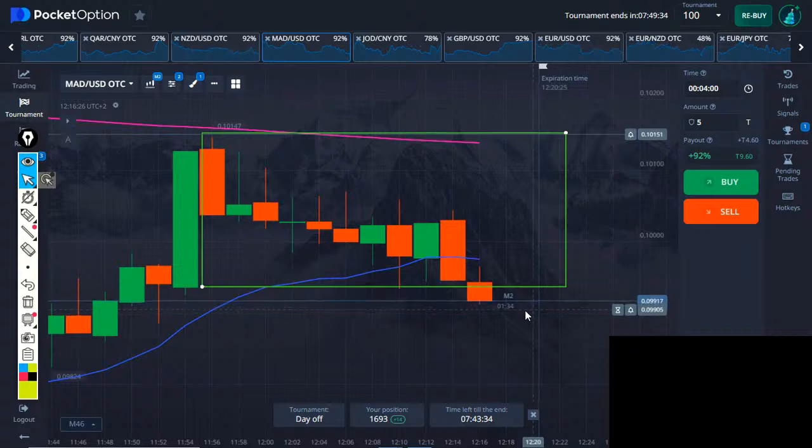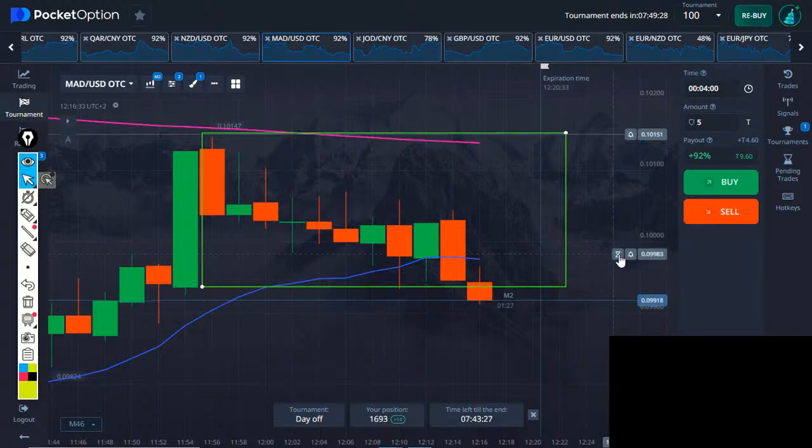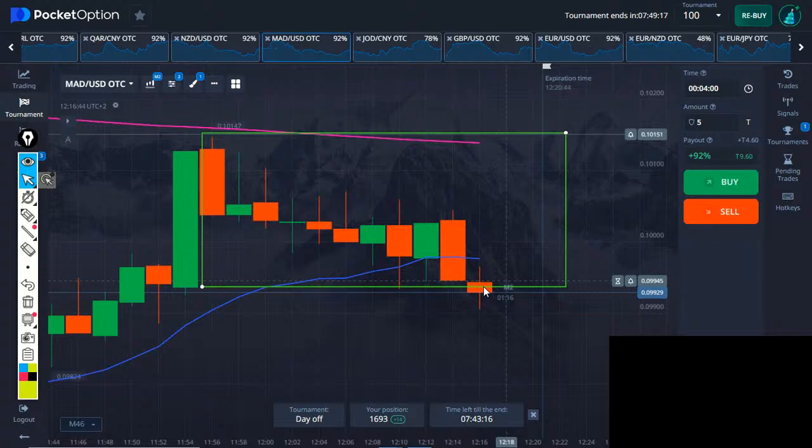I'll enter the last 30 seconds of this candle if it keeps on going strong. You can enter at the close, no problem. I prefer to enter a bit earlier if I see a powerful momentum. However, I think this will reject due to this gap over here.